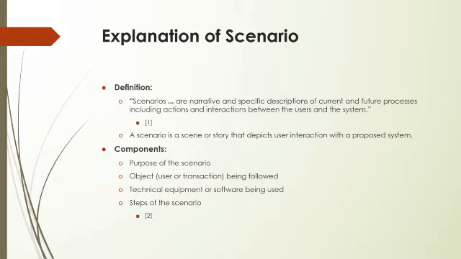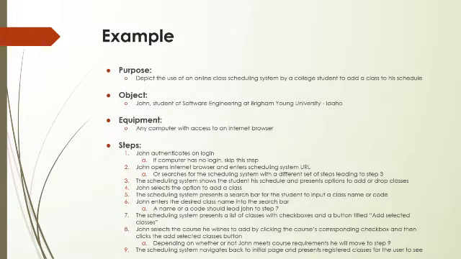In this section, I will give an example of a scenario that will be familiar to most students. The purpose, or entire goal of this specific scenario, will be to depict the use of an online class scheduling system by a college student to add a class to his schedule.